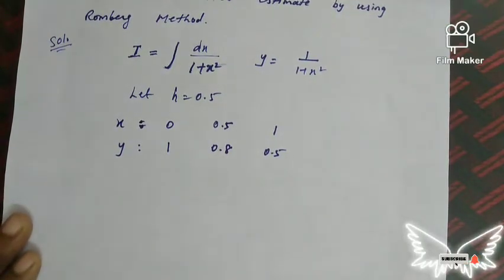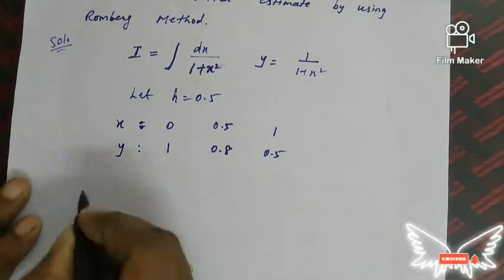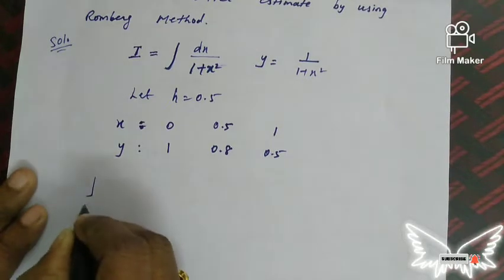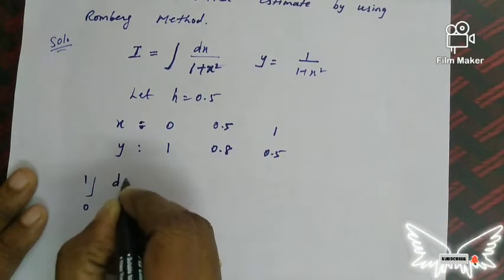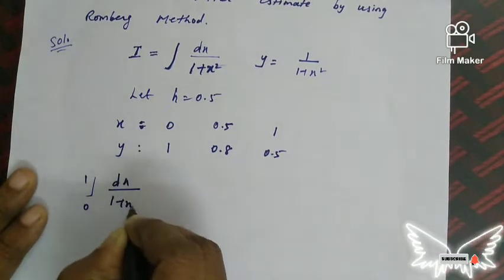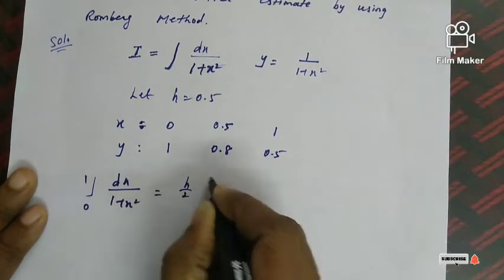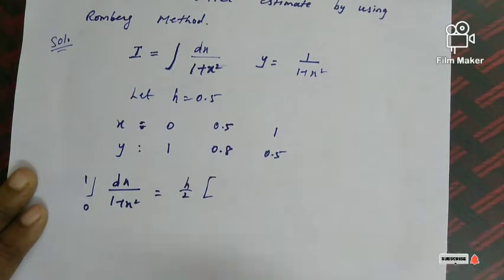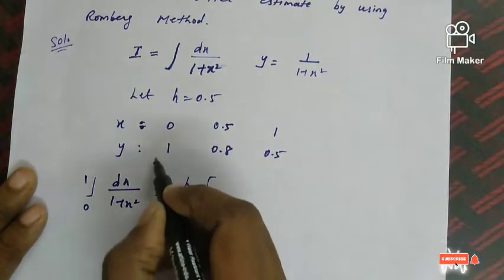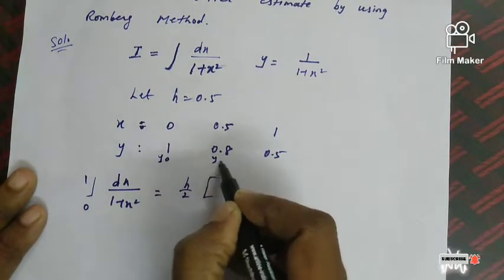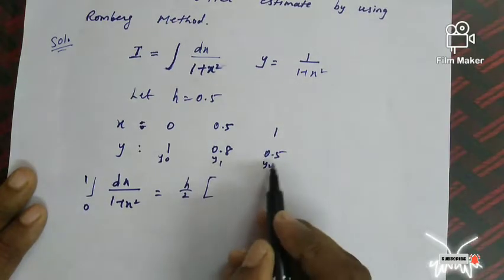Now by trapezoidal rule, what is our trapezoidal rule? Integral 0 to 1 dx by 1 plus x square equals h by 2 into y0 plus yn. Here our y values are y0, y1 and y2, so n is equal to 2.